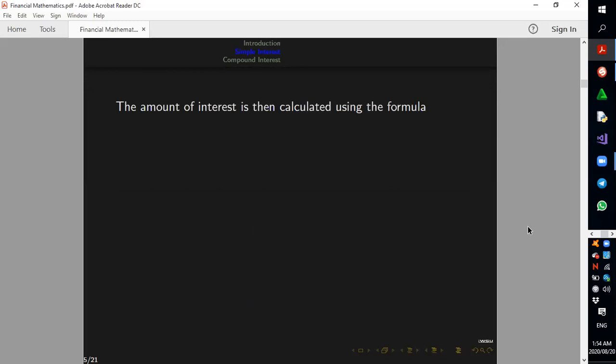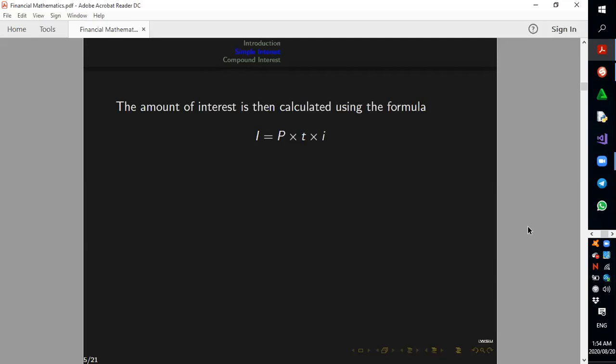Now, you've got the amount of interest, which is calculated using the following formula: P times T times I. Remember, I said in the previous slide, you need the principal, you need the time, you need the rate to calculate the amount of interest.